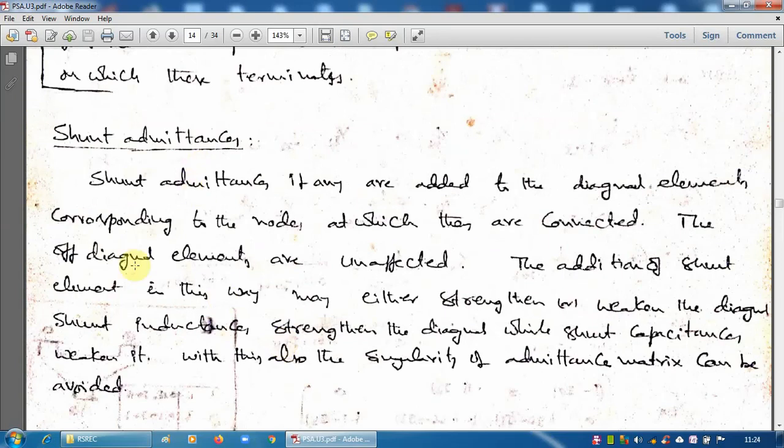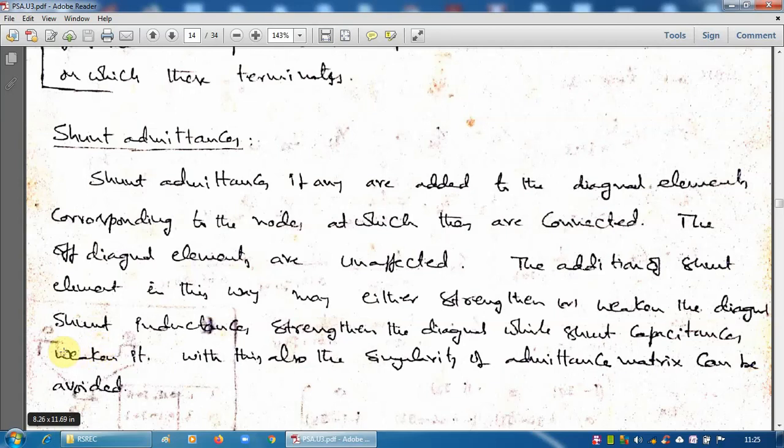This shunt admittance also comes under Y bus data. Here it is mentioned separately. For construction of Y bus, not only series impedance but also shunt admittance. At some buses, there will be shunt admittances. Not only the admittance of the line, but extra admittances by means of capacitors and inductors will be there for improving the voltage profile.